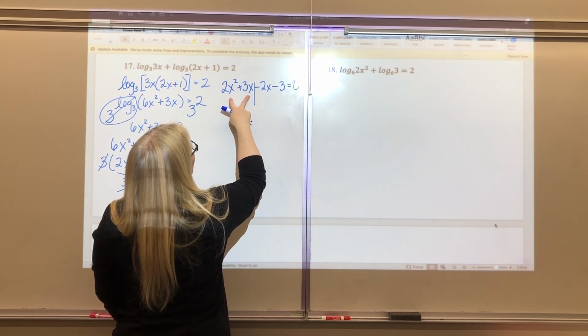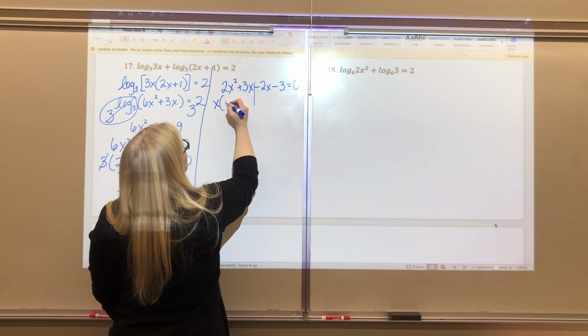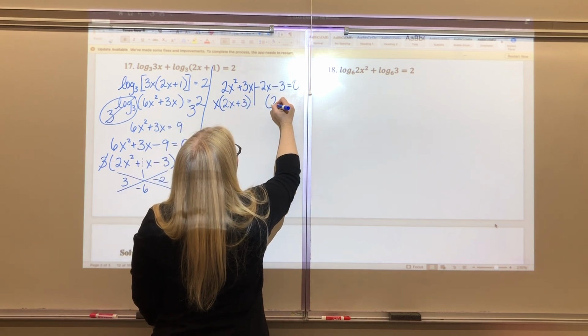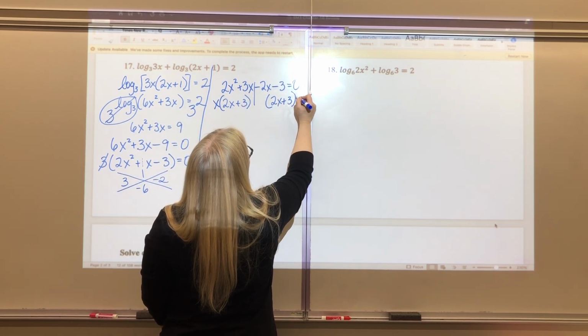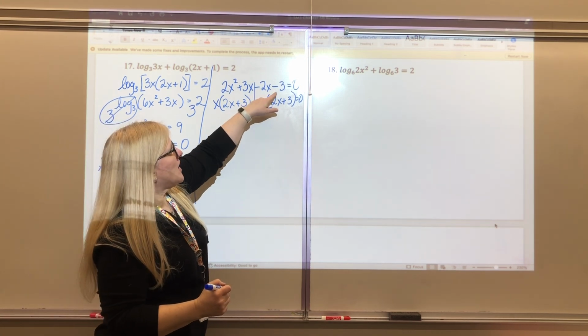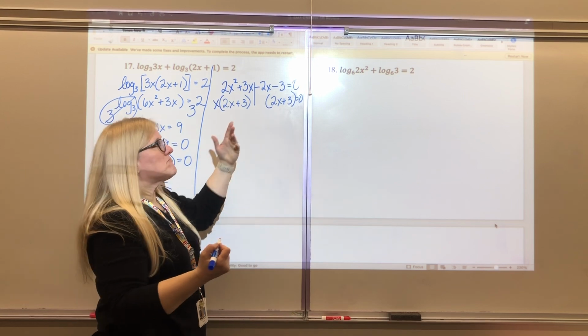Over here, I can only pull out an x. So I've got 2x plus 3. And over here, I need 2x plus 3 again for this to work. So what do I need to factor out of here to get 2x plus 3? A negative 1.